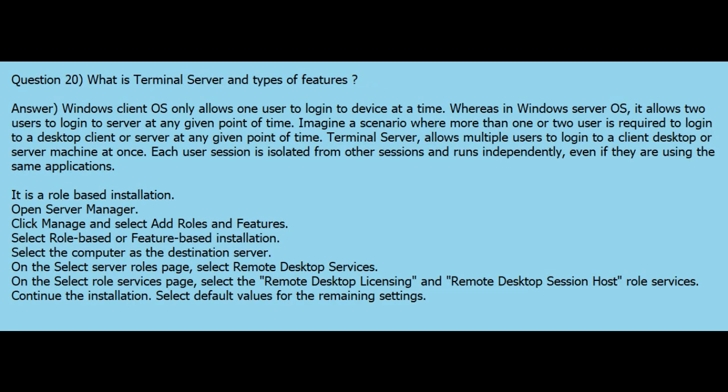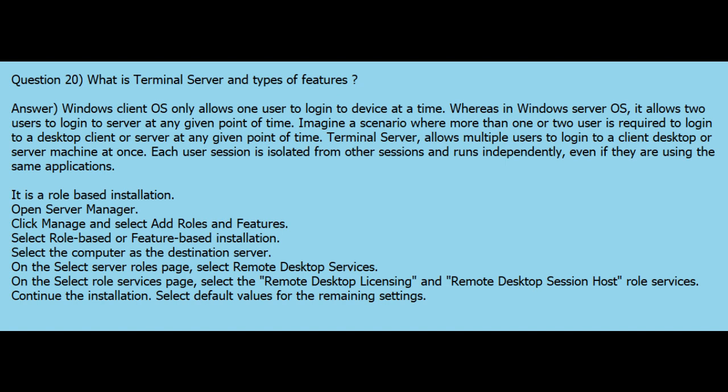Question 20. What is a terminal server and its types of features? Answer. Windows Client OS only allows one user to log in to the device at a time, whereas Windows Server OS allows two users to log in to the server at any given point of time.